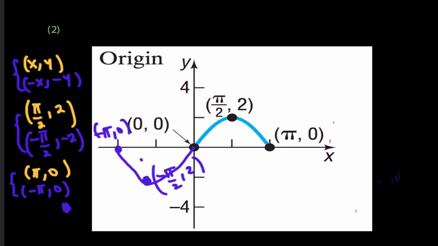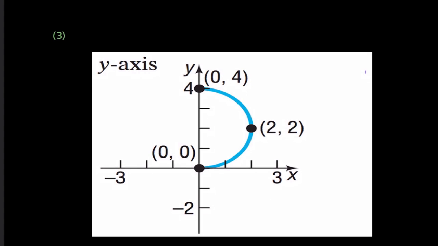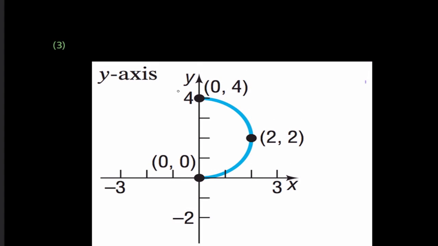Alright, let's go to another example, which is the last case. We are assuming this graph here is symmetric with respect to the y-axis. Similarly, there are two ways you can look at this. By definition, whenever a graph is symmetric with respect to the y-axis, it simply implies that for any point (x, y) on the graph, that graph must also contain (negative x, y).